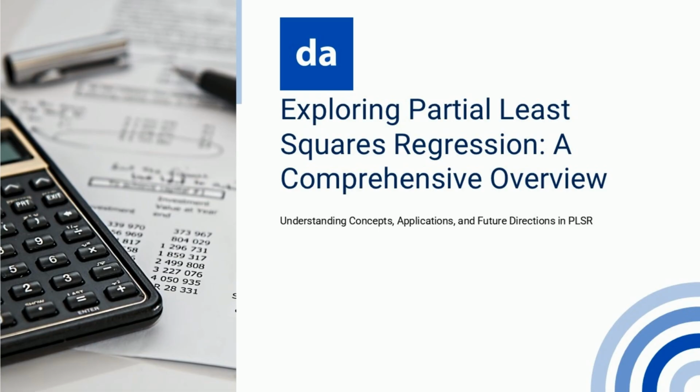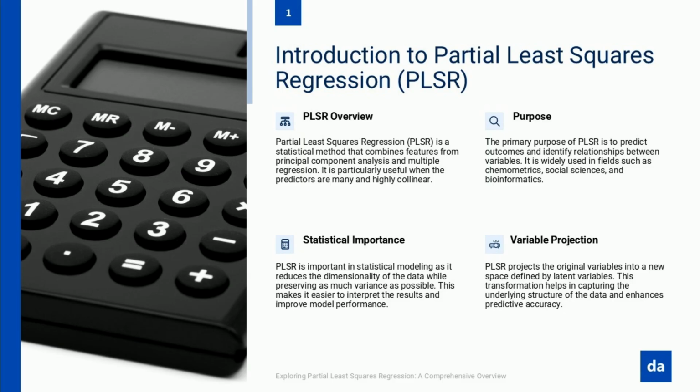Let's dive in. So, you've got a data set that looks like a tangled mess of spaghetti, variables all over the place, correlations twisting in ways that make no sense, and somehow you're expected to extract meaningful insights from it. That's where partial least squares regression, or PLSR, comes in.